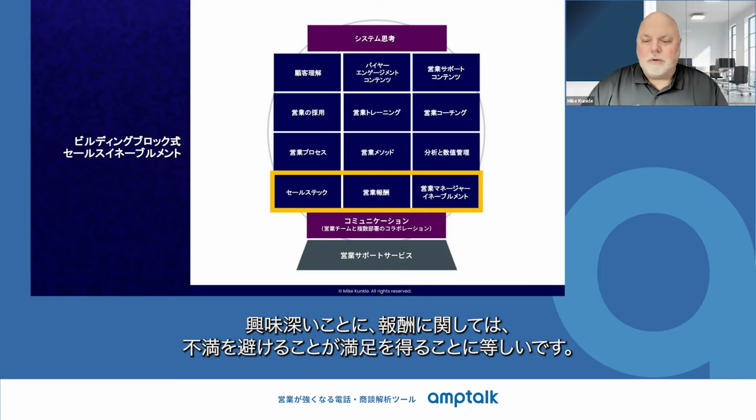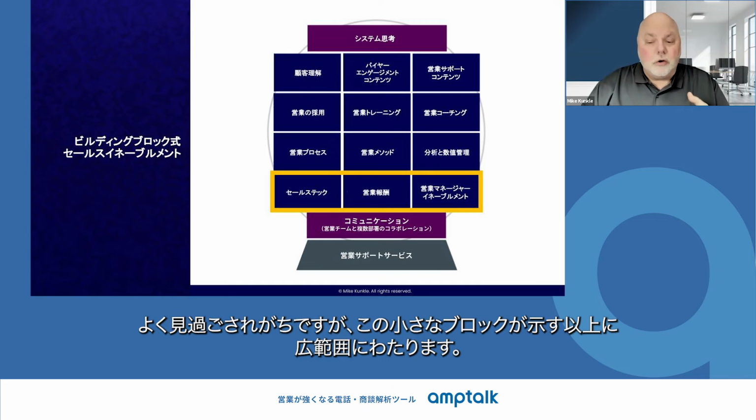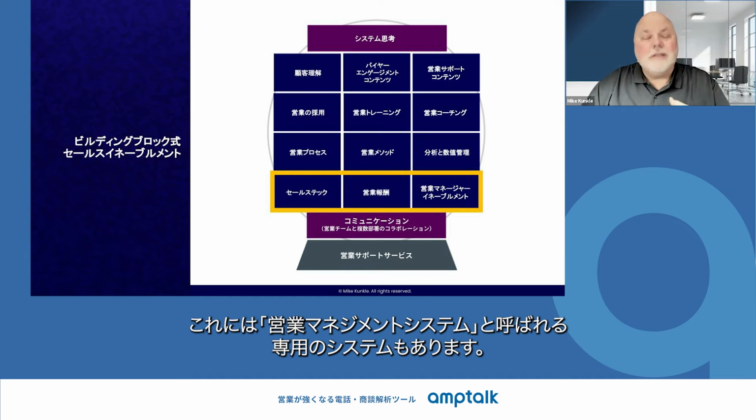Interestingly, with compensation, avoiding dissatisfaction is equally as important as fostering satisfaction. And then sales manager enablement is a topic unto itself. It's critical, too often ignored, and it is far more extensive than this little block indicates. It also has an entire system dedicated to it called the sales management system.